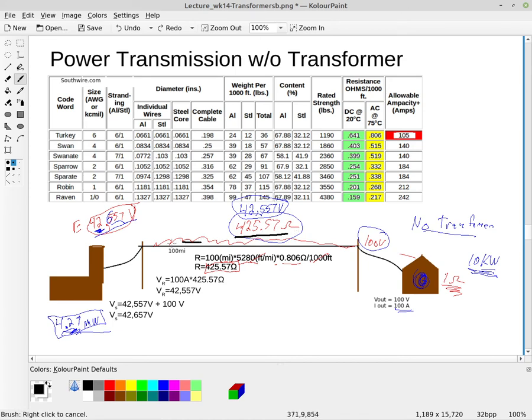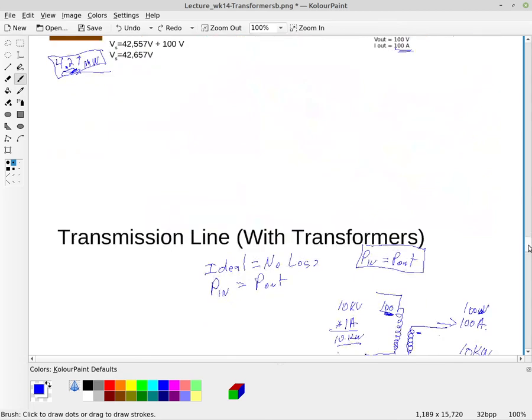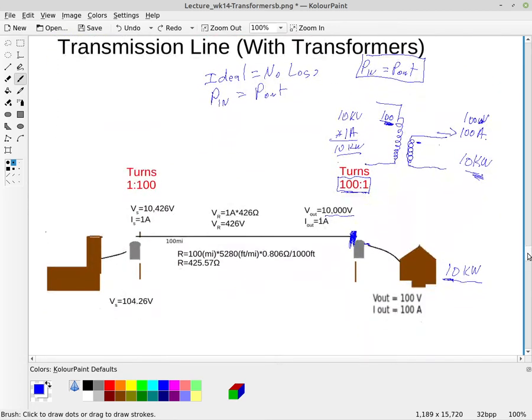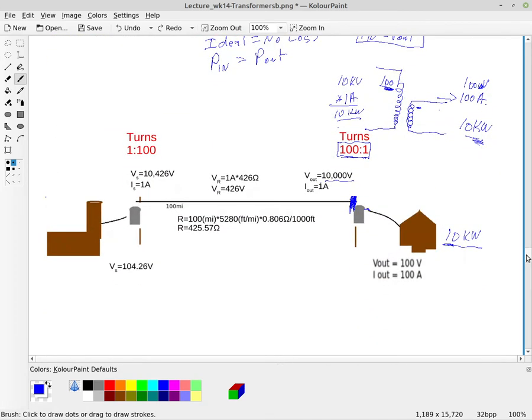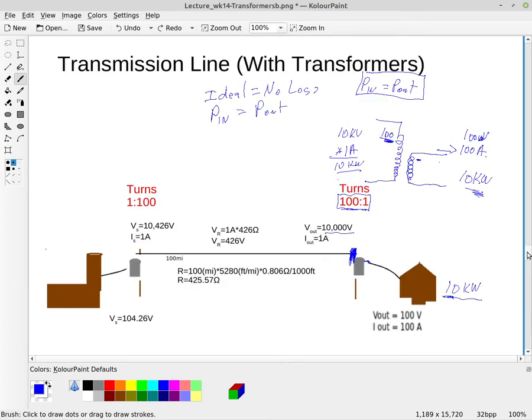See, we can't do anything about the resistance in this wire. It just is what it is. However, right now we only have 1 amp flowing through this wire. This 100 miles of wire, we only have 1 amp, not 100 amps.